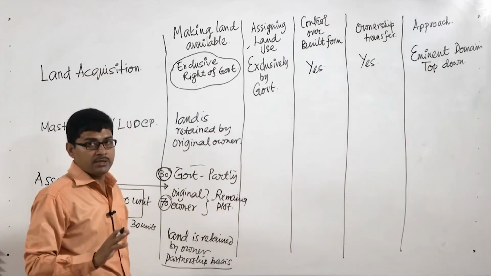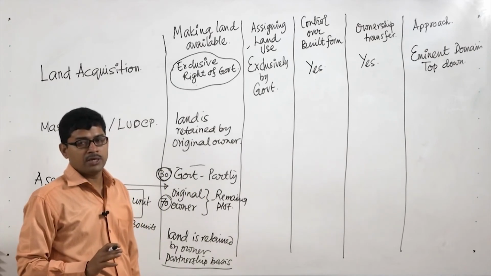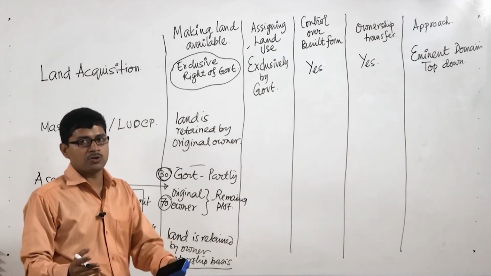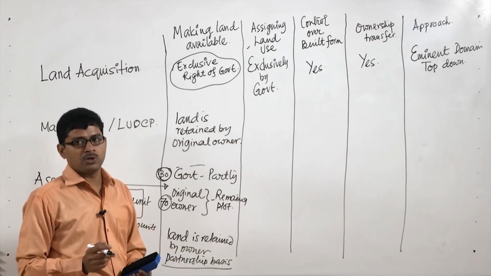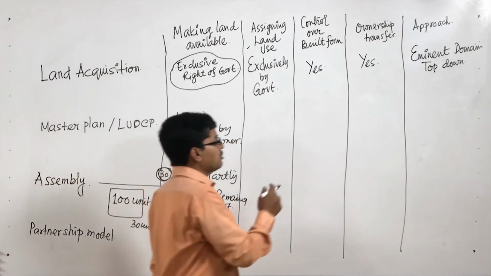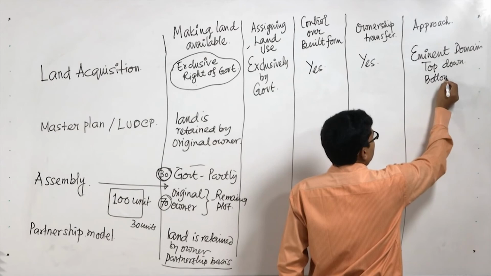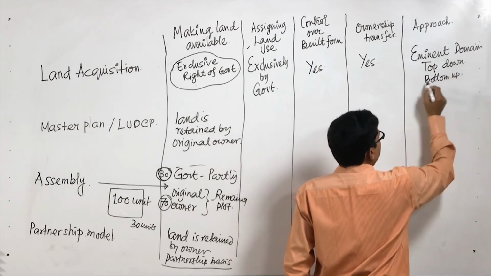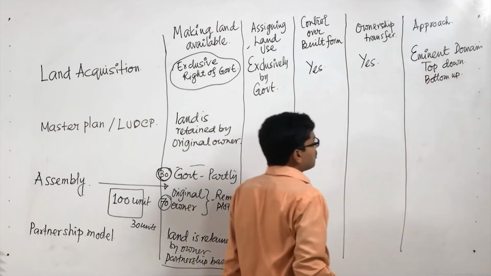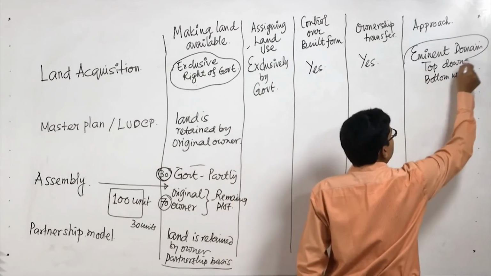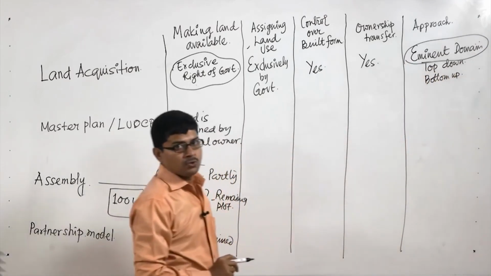Now, with the current revision of the Land Acquisition Act, where government is also taking consent from the original landowner, it has become a top down and also some amount of bottom up approach for land acquisition. But by and large they are using the eminent domain to acquire the land.